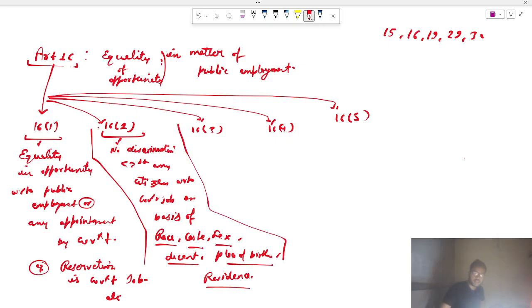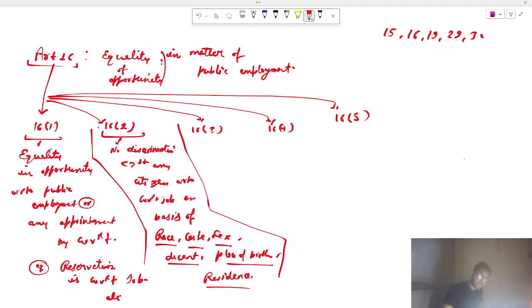Now let's read Article 16 clause 3. Article 16 clause 3 is the exception to Article 16 clause 2. It says nothing in this article shall prevent Parliament from making any law prescribing, in regard to a class or classes of employment or appointment to an office under the government or any local or other authority within a state or union territory, any requirement as to residence within that state or union territory prior to such employment or appointment.